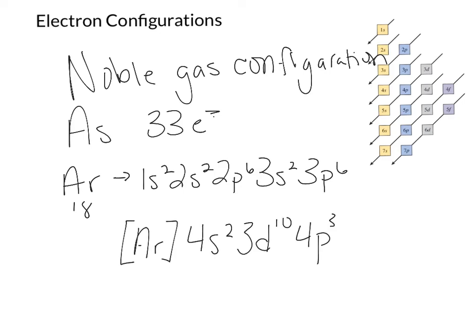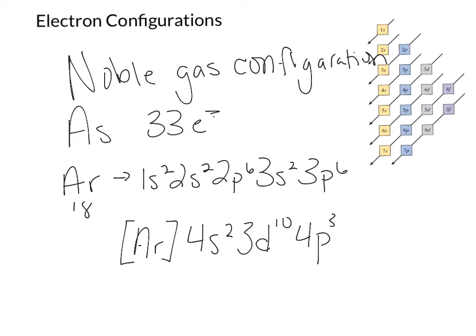Okay, now let's make sure all of those add up. So we would take the 18 from our argon, in these square brackets, 19, 20, 30 from this 10 right here going into the d subshells, and then 33. Sure enough, arsenic had 33 electrons that we needed to account for.